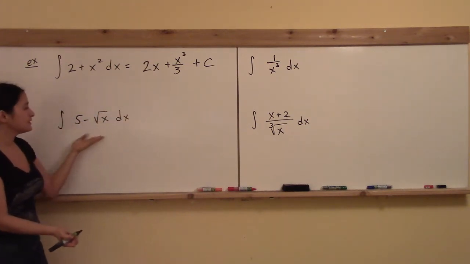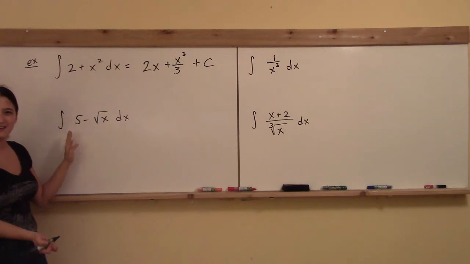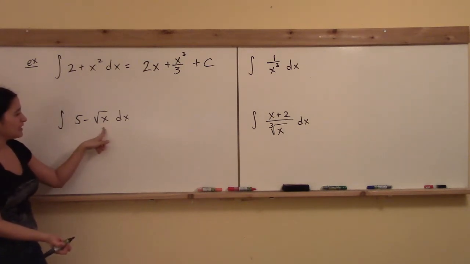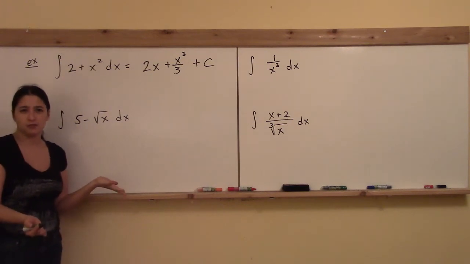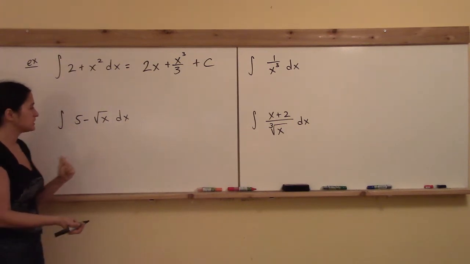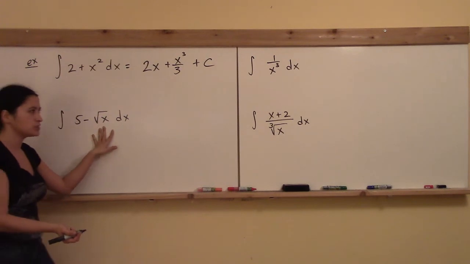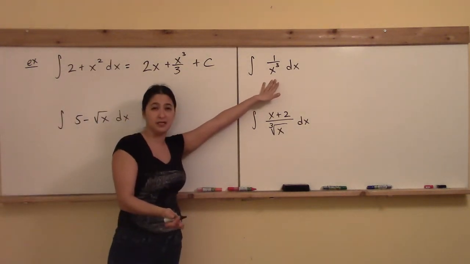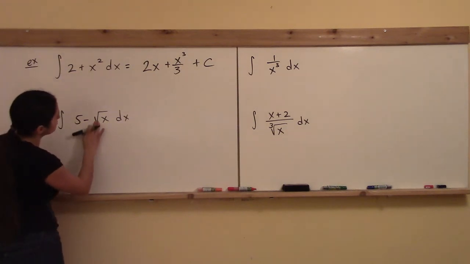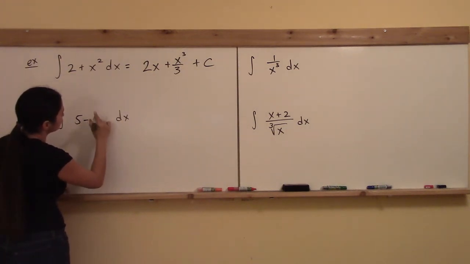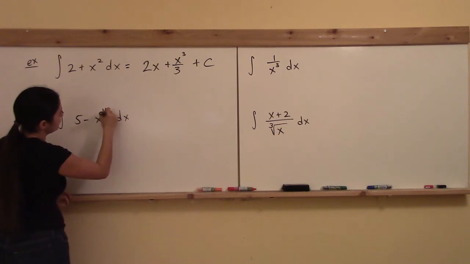Alright, did you get that one? Sweet. Now this one's a little harder. It's got that constant there, and then it's got minus square root of x. I didn't even go over fractional powers with you yet. I was kind of pushing you to see if you could do fractional powers on your own, and this one's going to be negative powers. Okay, the same rules apply, but you most likely would want to rewrite the square root of x as x to the 1/2.